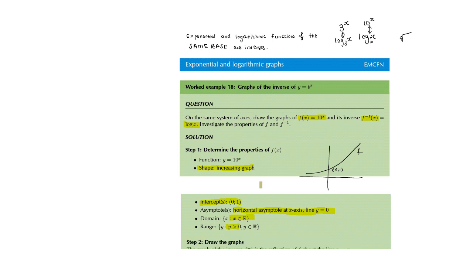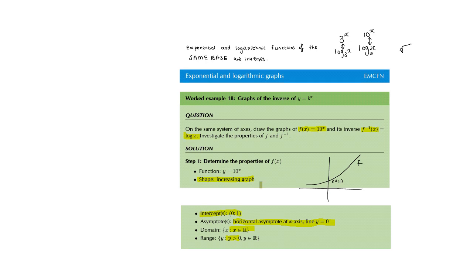Now before I go on, let's determine the equation of the inverse. The equation is given to you over there, but how would we go about it? We would say we're given f of x equals 10 to the exponent x. Then we would say let f of x equal y.